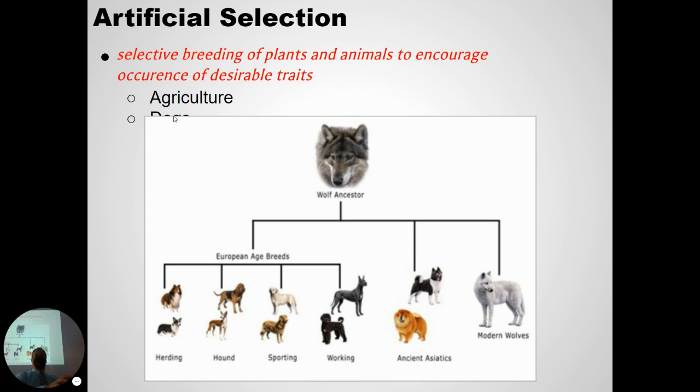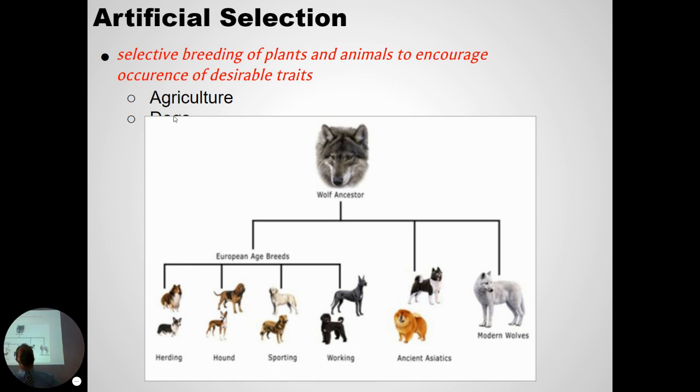And then out of that litter, take the smallest and breed them together and repeat that over and over. You could take a large breed of dog and breed it into really small, tiny little varieties, or large varieties, or breeds that are good swimmers. If you take the dogs that are the best swimmers and breed them together, you can create dogs that are good swimmers or that are herding animals.